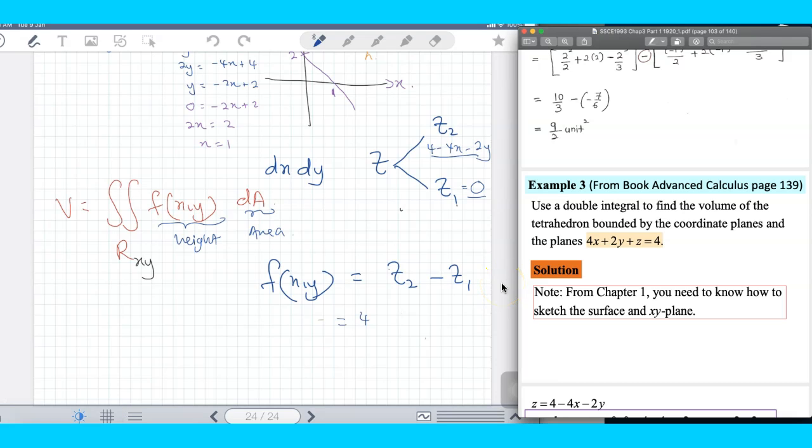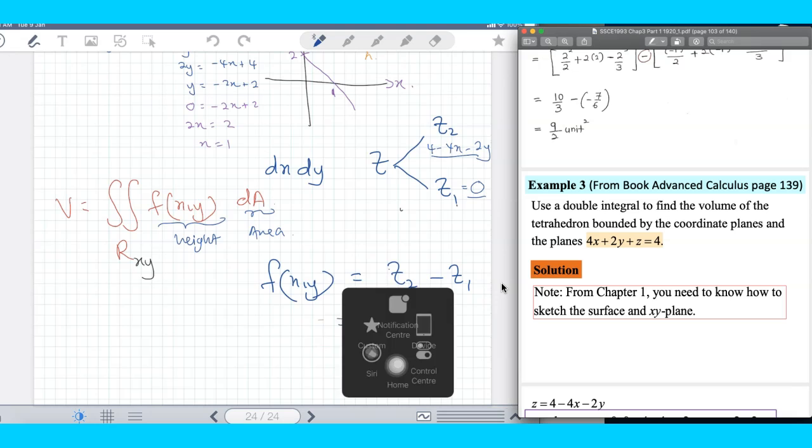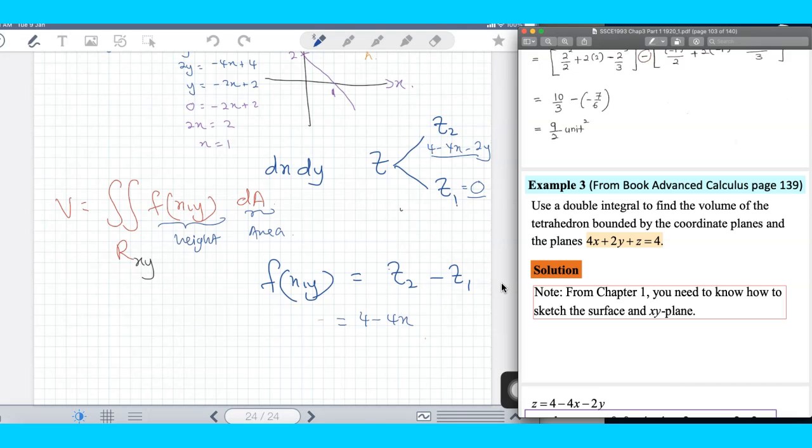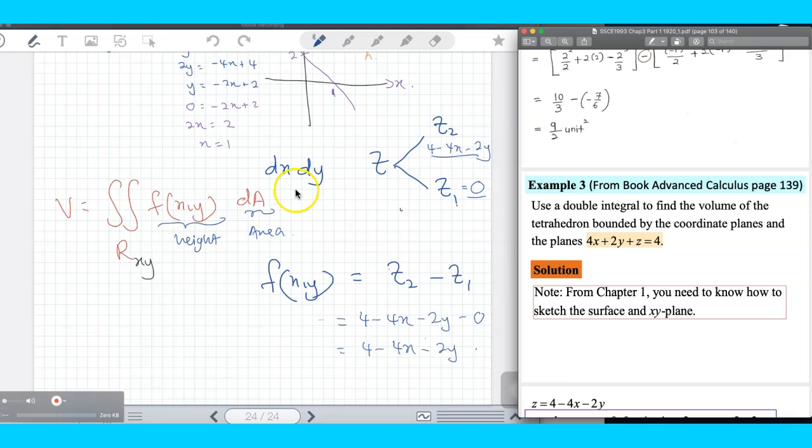So z2 is 4 minus 4x minus 2y, minus z1 which is 0. Then your function is 4 minus 4x minus 2y. And as you can see, is your f correct? Then we should check. As we know our region is lying on xy, so our function should also be in terms of only x and y. So that is correct. It is matched.